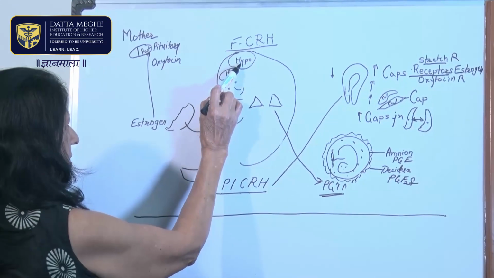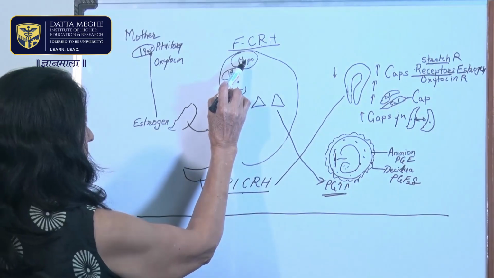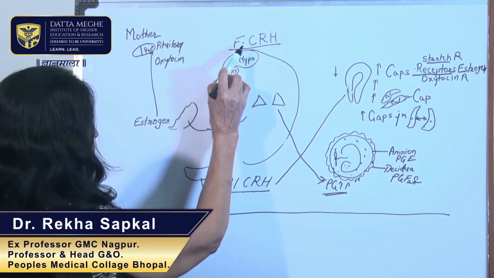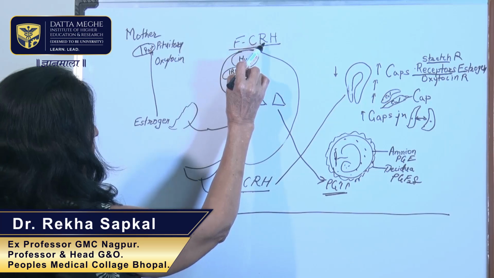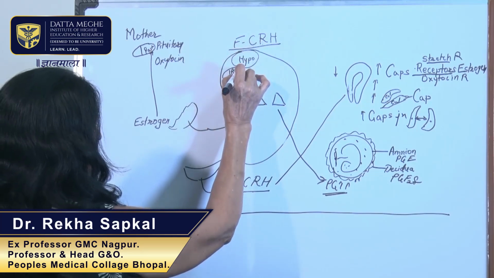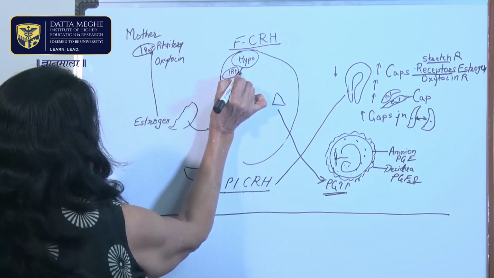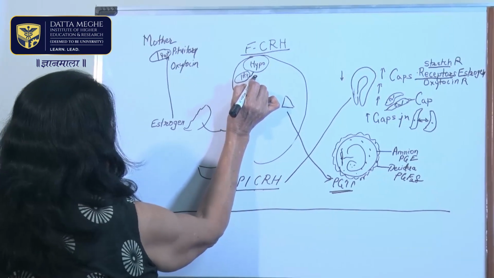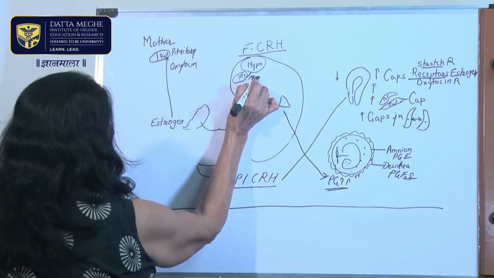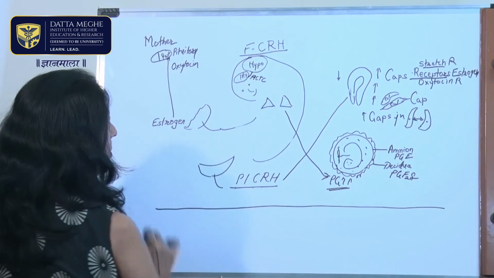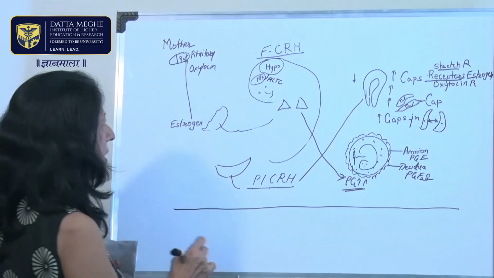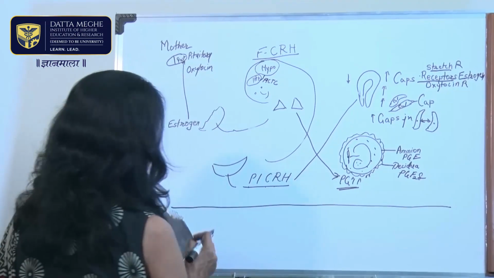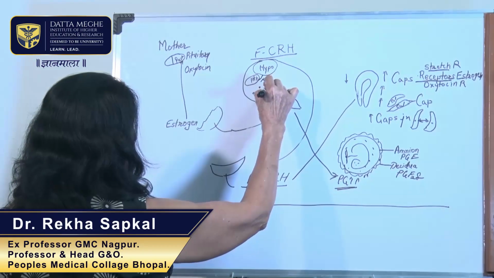The fetal hypothalamus secretes this corticotropin releasing hormone and the pituitary will get activated, and ACTH, adrenocorticotropic hormone, is secreted, just like in adult. This ACTH stimulates the fetal adrenals.